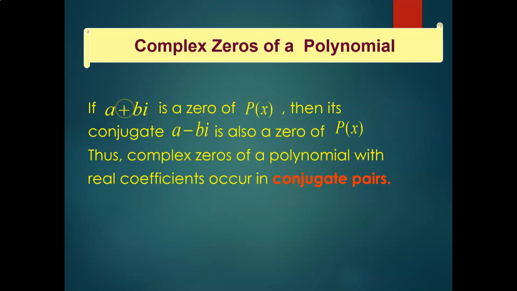Kalau dia kata untuk complex zeros, kalau a plus bi ni dia punya zero, meaning the conjugate a minus bi is also a zero for the polynomial. Therefore, complex zeros of a polynomial with real coefficient occur in conjugate pairs. So dia kata untuk complex zeros, dia berlaku dalam conjugate pair, ada pasangan dia.